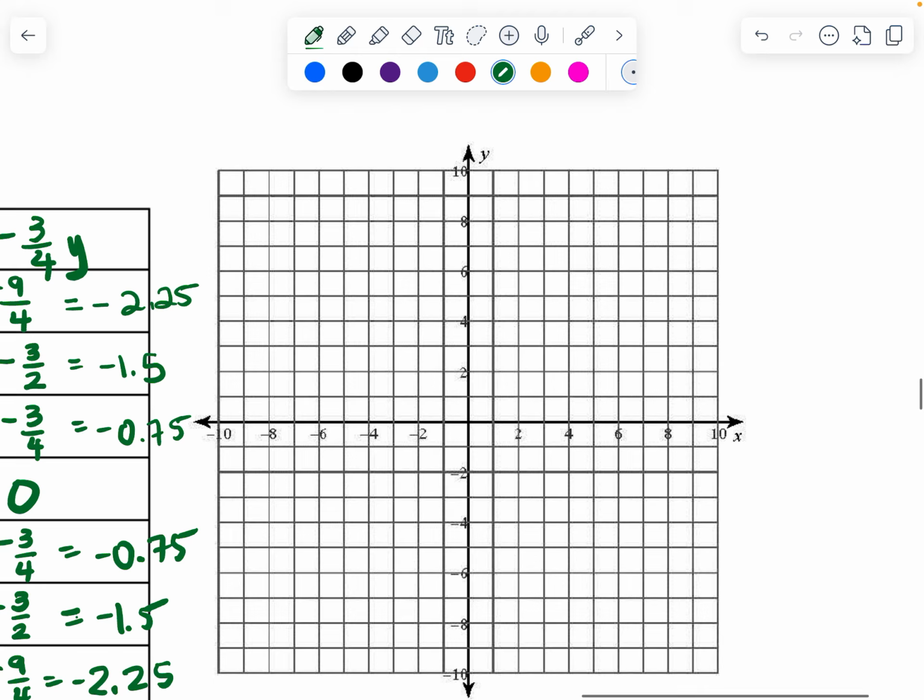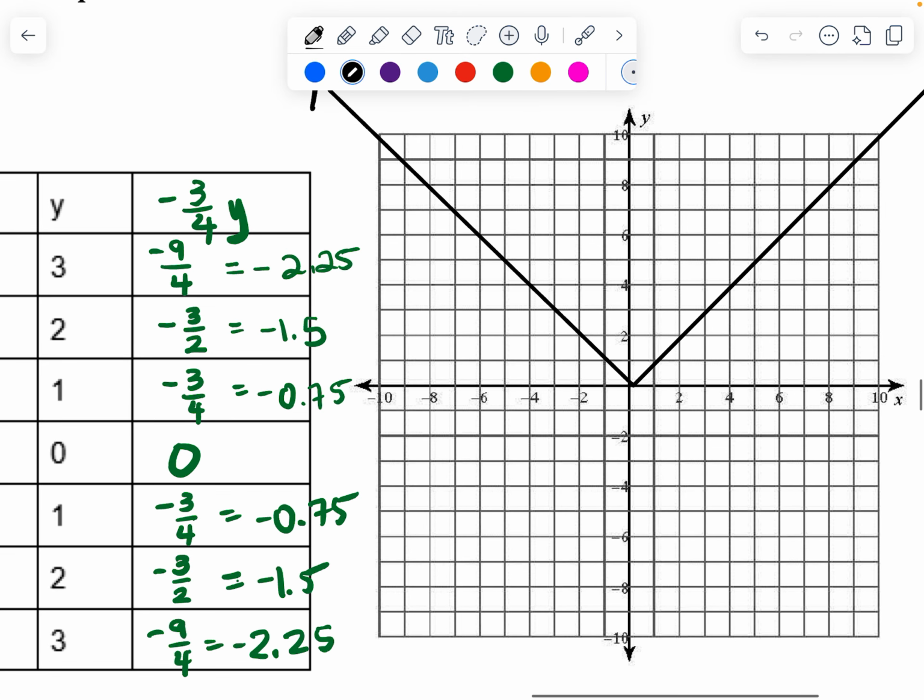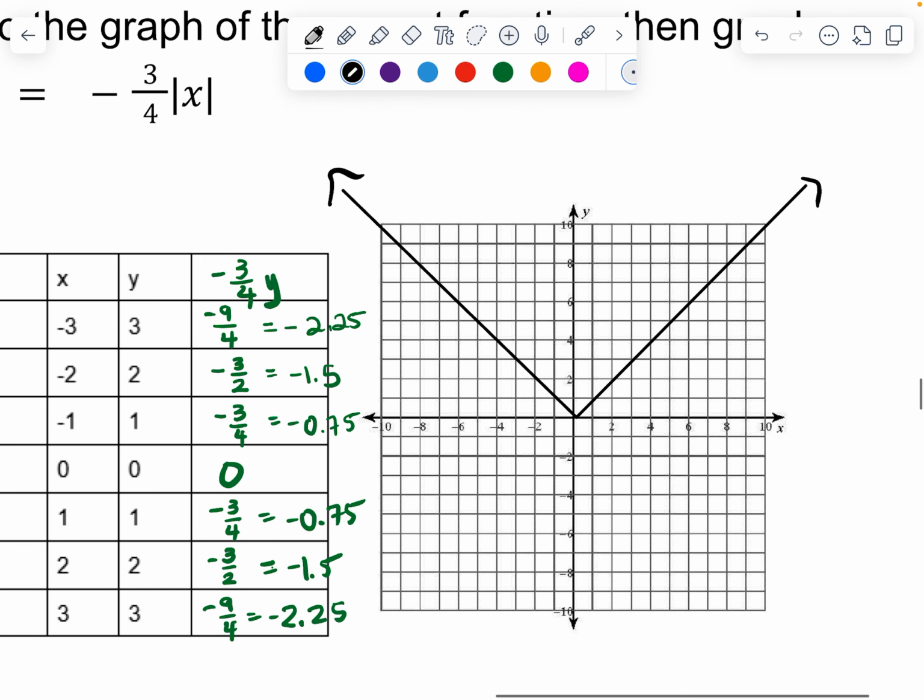So I come over here, I draw my parent graph. So then, make it a little bit smaller. So I have -3, and it goes to -2.25. And that would be 3 at 2.25.